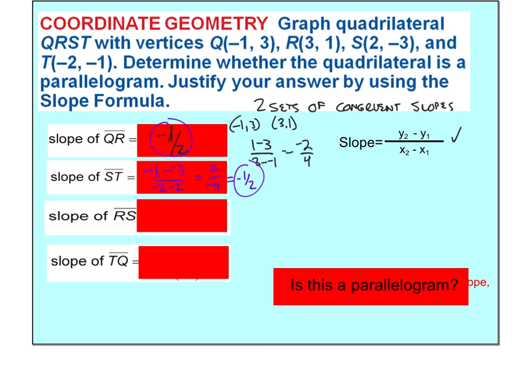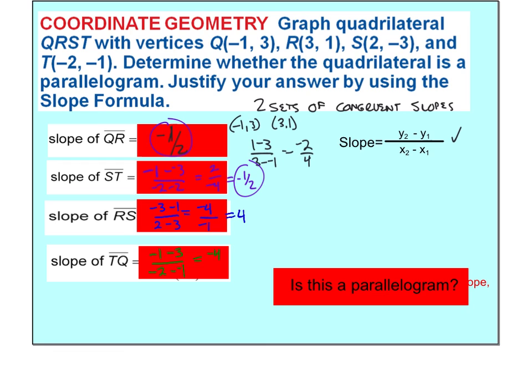So if I look at RS, that would be -3 minus 1 over 2 minus 3. So let's say -4 over -1, so that just becomes +4. Okay, so now I need this last one to match. TQ, so if I go -1 minus 3, over -2 minus -1.